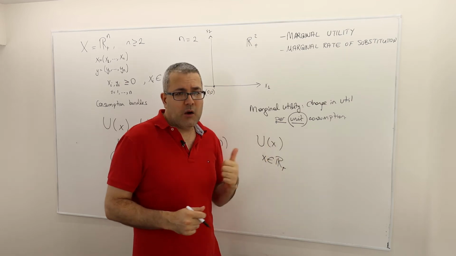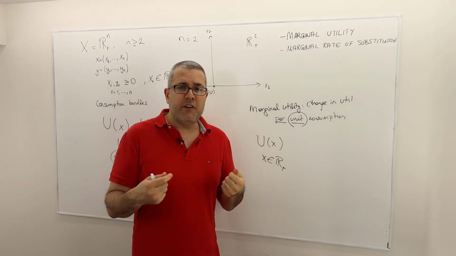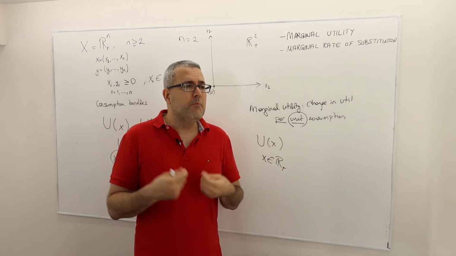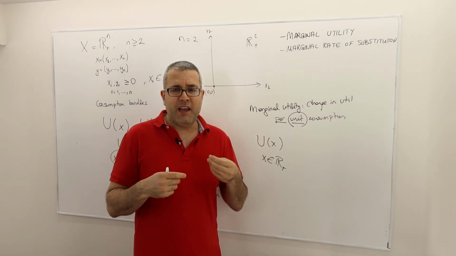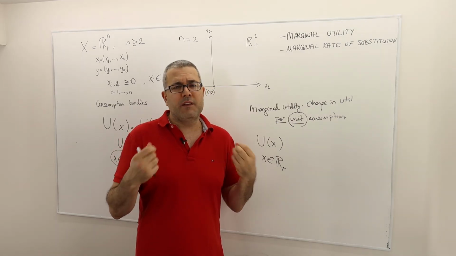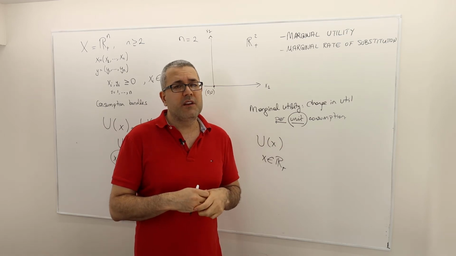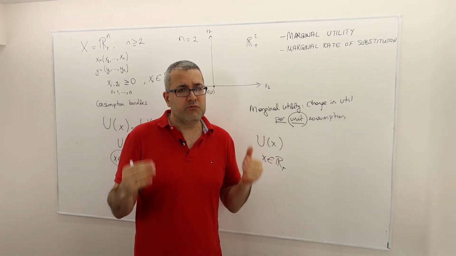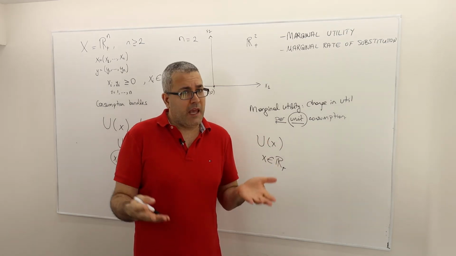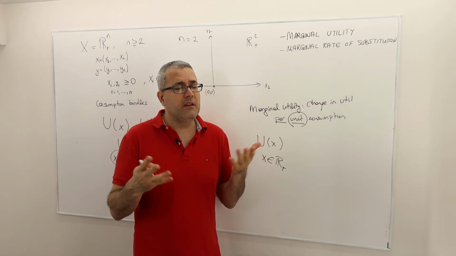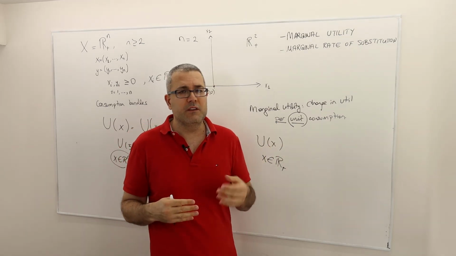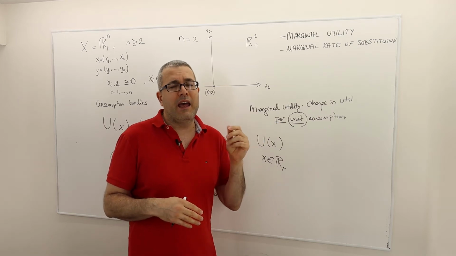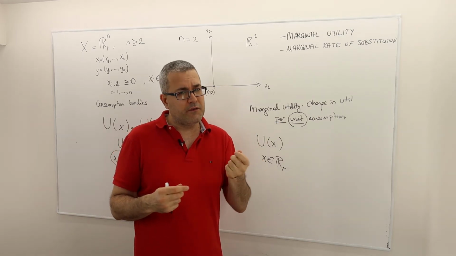However, if X is not a discrete variable but a continuous variable, meaning you can divide X as many times as you like. To be honest, there is no perfectly divisible real good. Well, maybe air, maybe water. Even then, I don't think they are perfectly divisible, because the smallest element of water is kind of discrete.